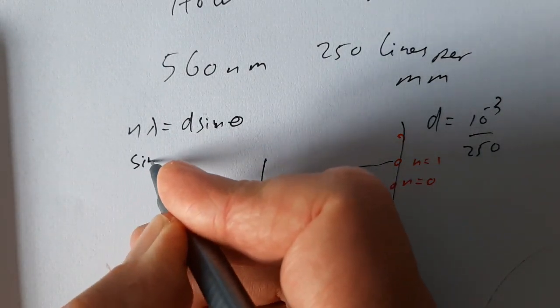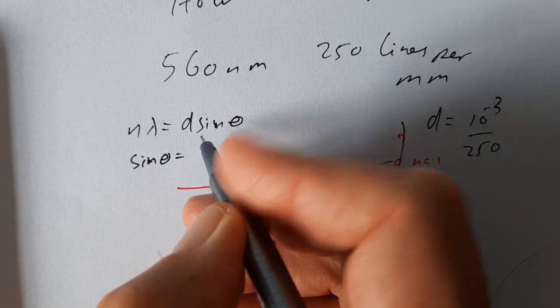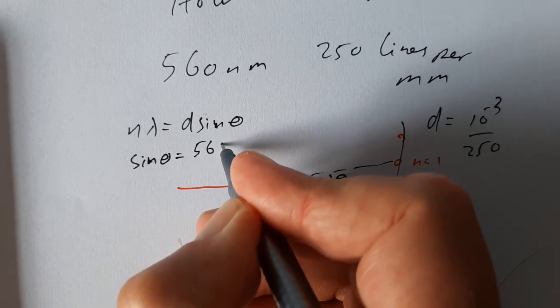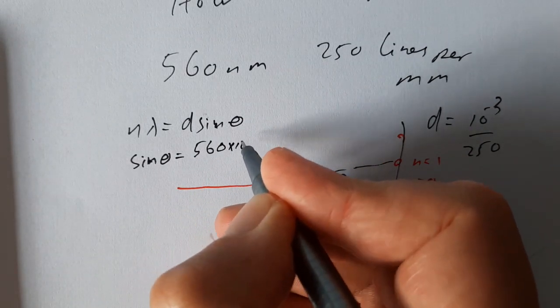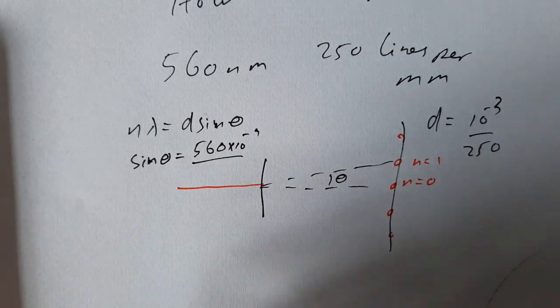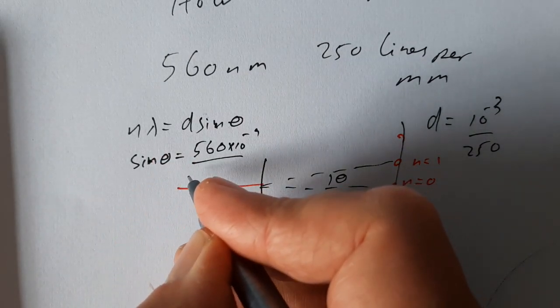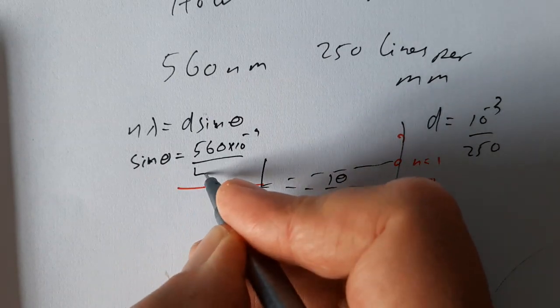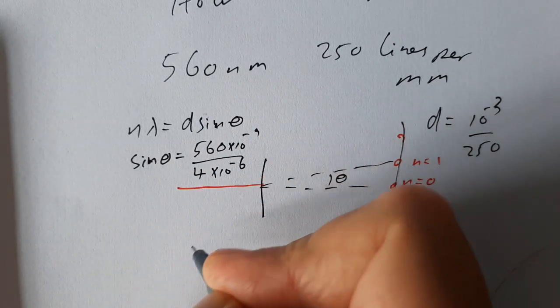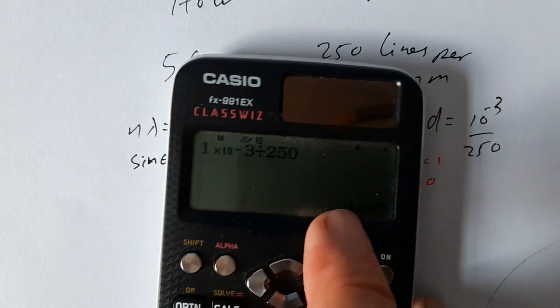So sine theta is going to be equal to the wavelength, which is 560 times 10 to the minus 9, divided by d, which is 4 times 10 to the minus 6, and we have to do inverse sine of that, aren't we?